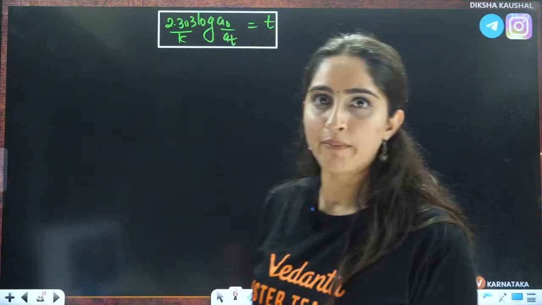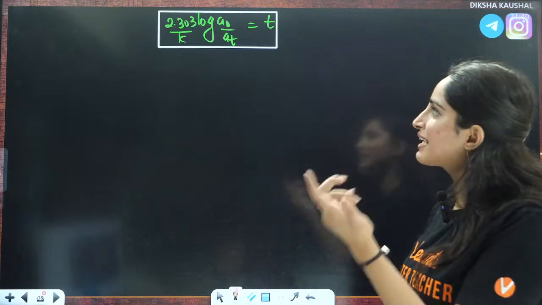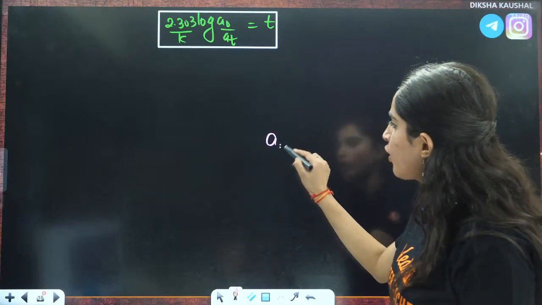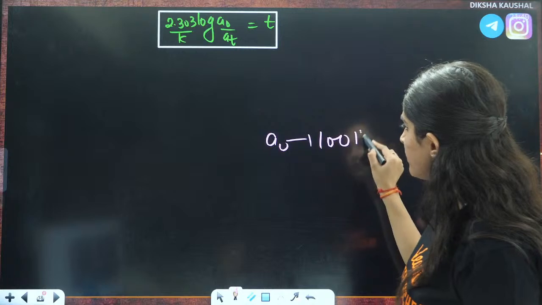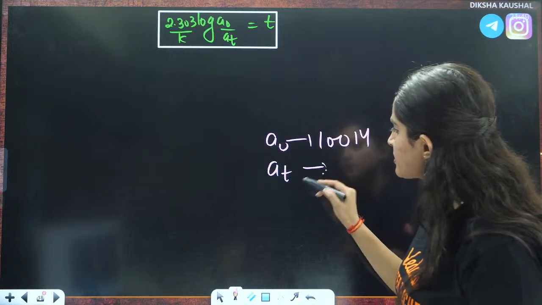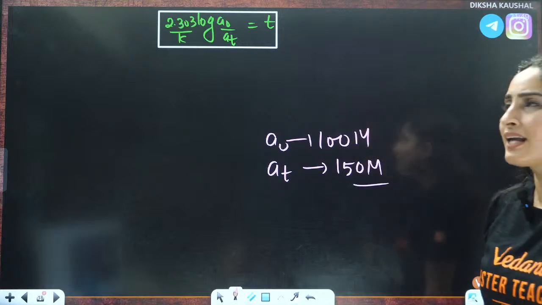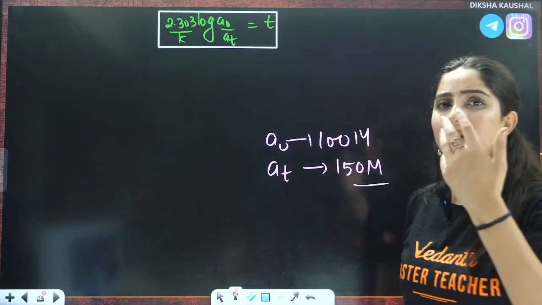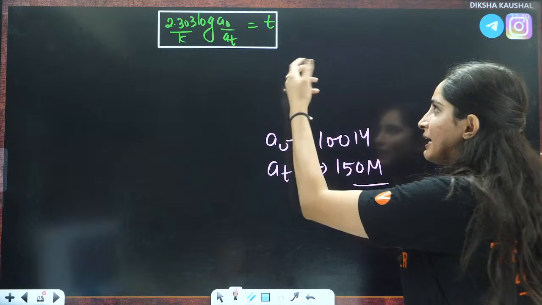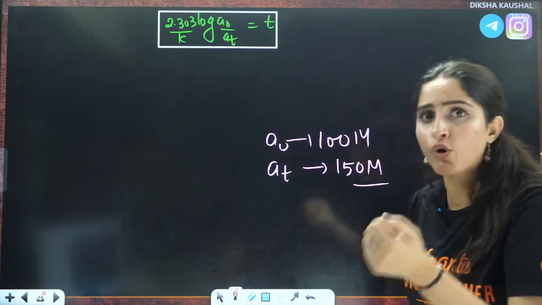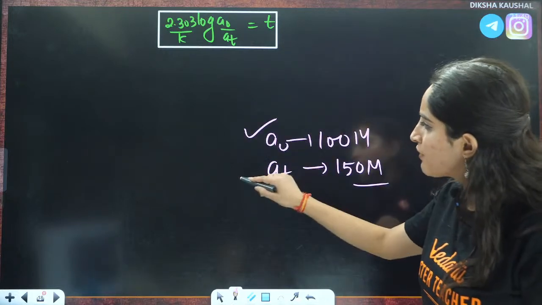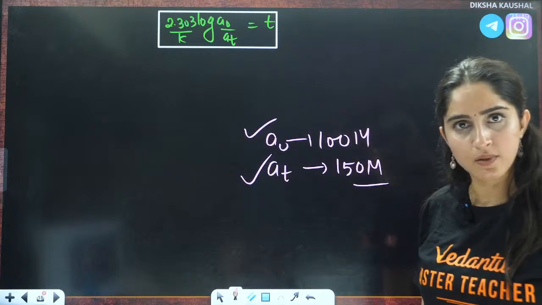A simple trick I am telling you. Either they can ask you directly, A naught is 100 mole, AT is 150 molar. Directly put the values. They will ask you T or the rate constant. You just have to put the values that are given in the question, right?